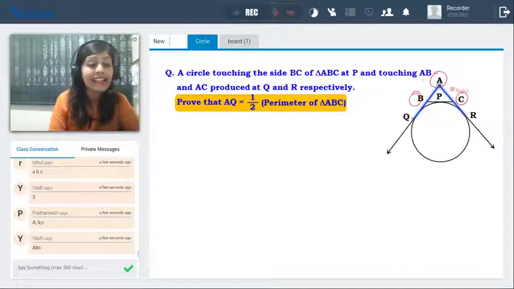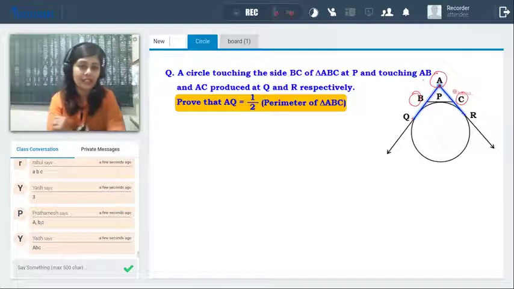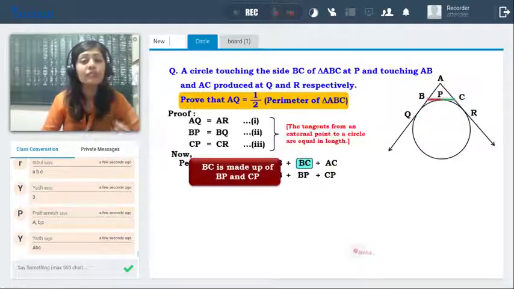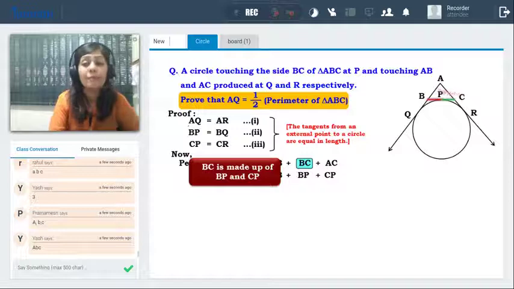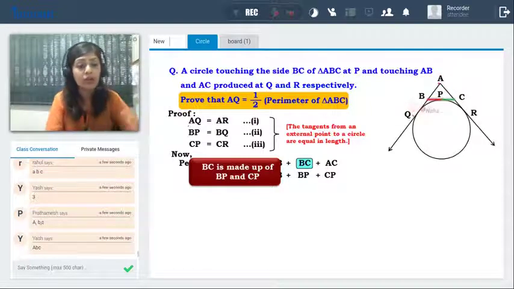Now let's quickly write the tangent segments coming from each of these exterior points. Always start from what you know, and then we will move towards what we need. So definitely from A, what do we have? AQ and AR. Always remember, external point to a point of contact. Do not stop till you find a point of contact.